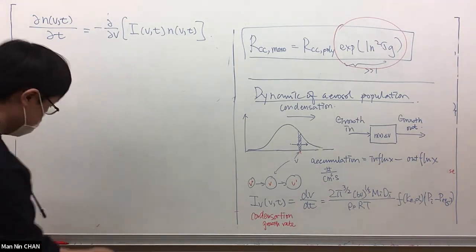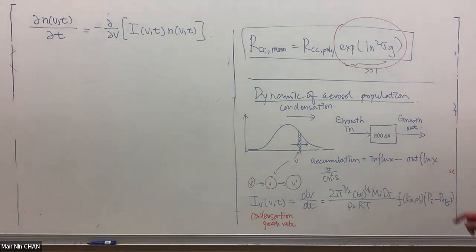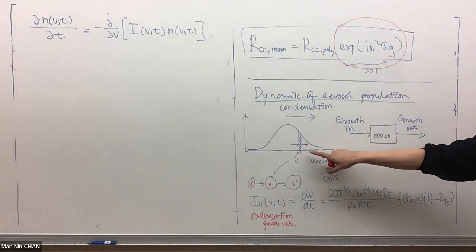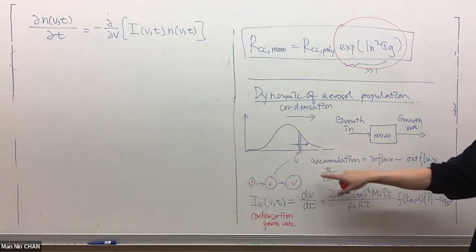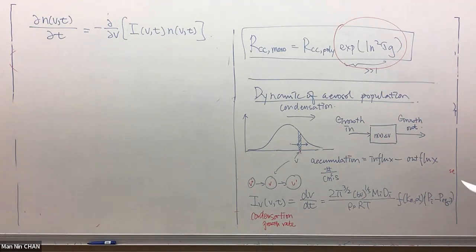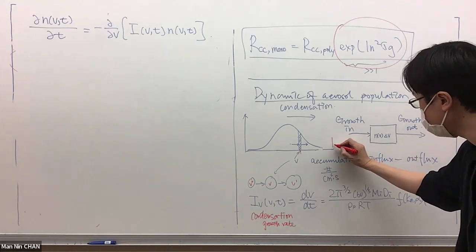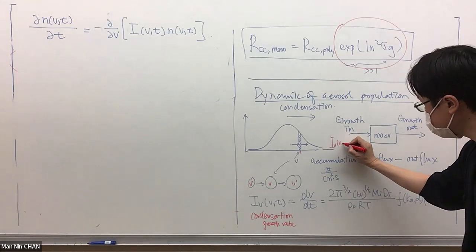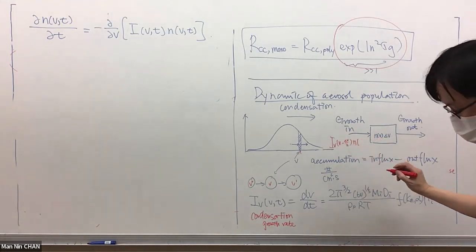Maybe there is some confusion, but you can look at it this way. This is the number of particles at the given volume that you are interested in, and then you have some growth in and growth out. For the growth in, this is your IV, the growth rate, from some smaller size, times the number concentration.